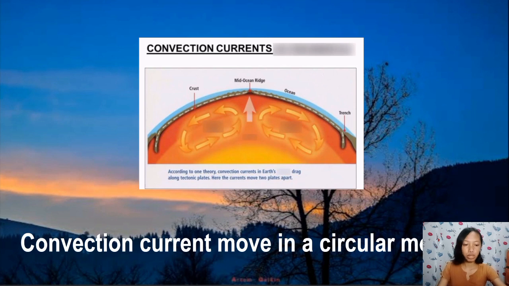So mag-circle na siya. So musunod ra na siya sa convection current. So ang convection current is kanang arrow nga nag-circular motion. So this current causes the movement of the tectonic plates.